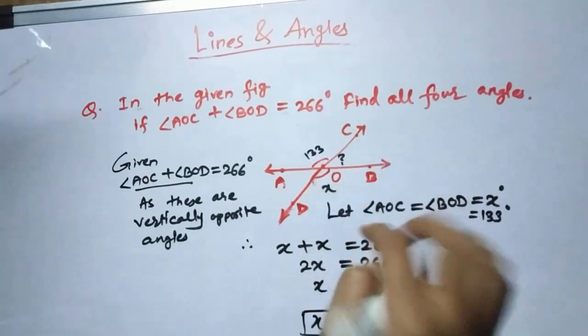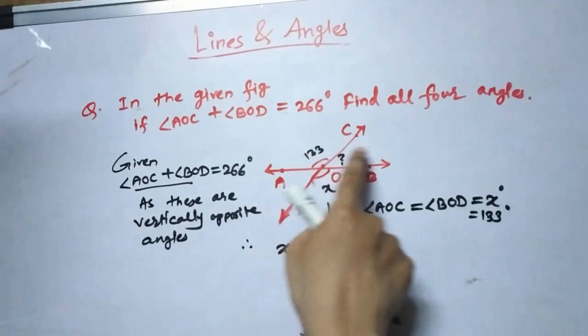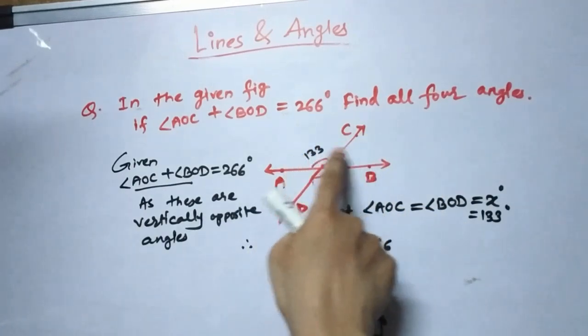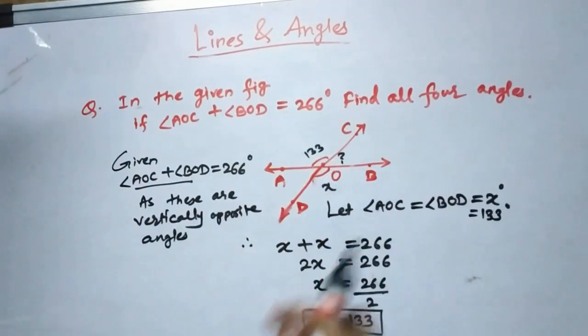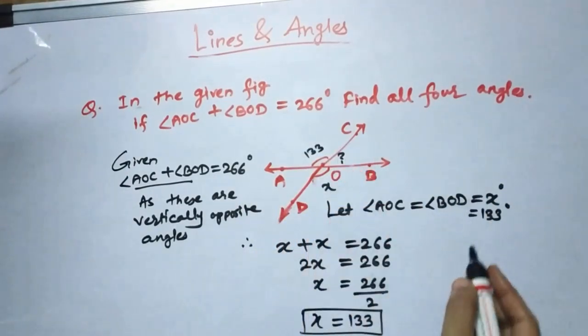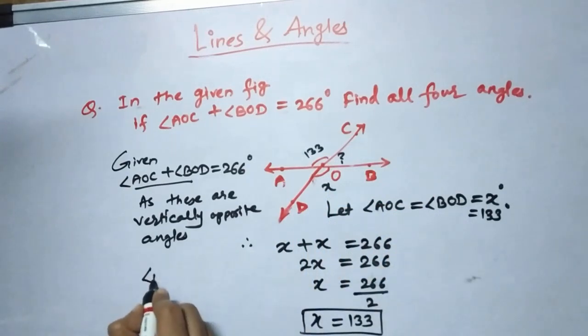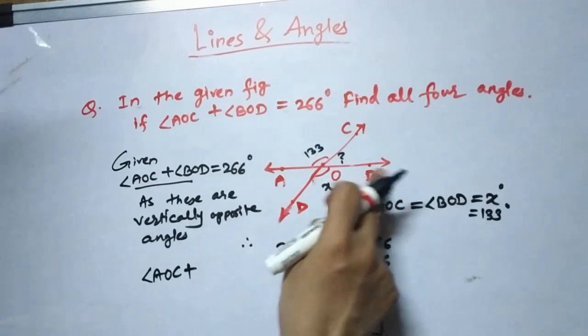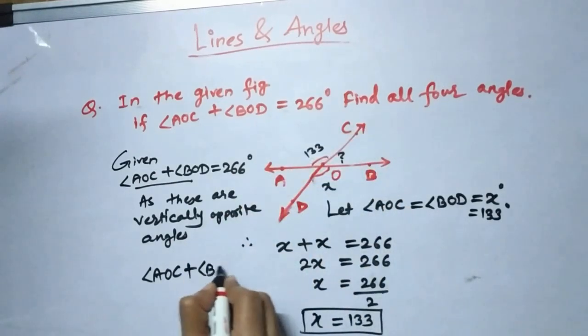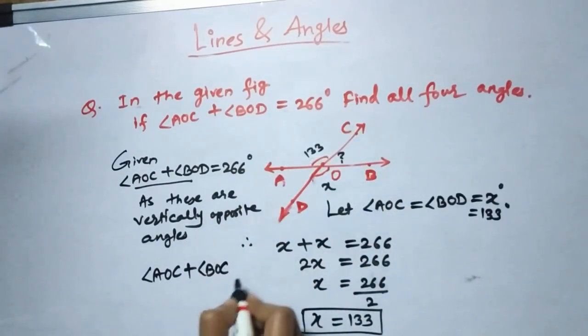So we need to find out this adjacent angle. So this and this are a linear pair. So friends, this is 133, it is also 133. We need to find out this. So we know that angle AOC plus angle BOC, they are a linear pair.